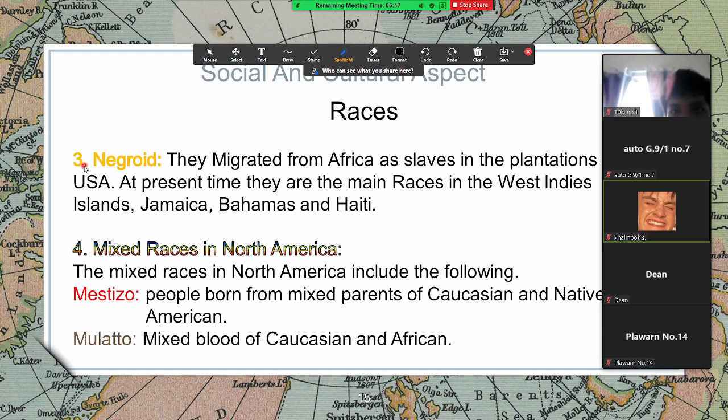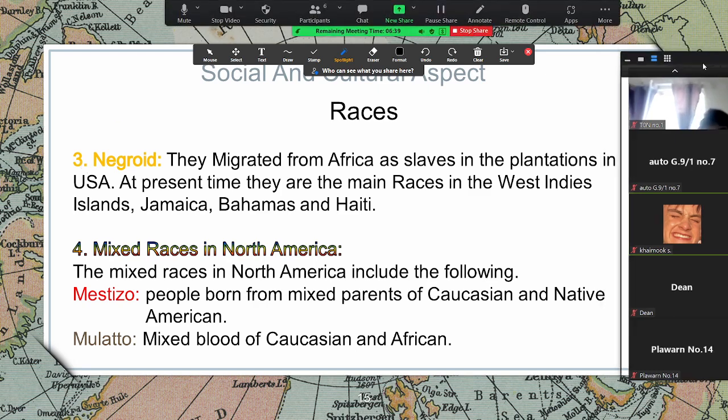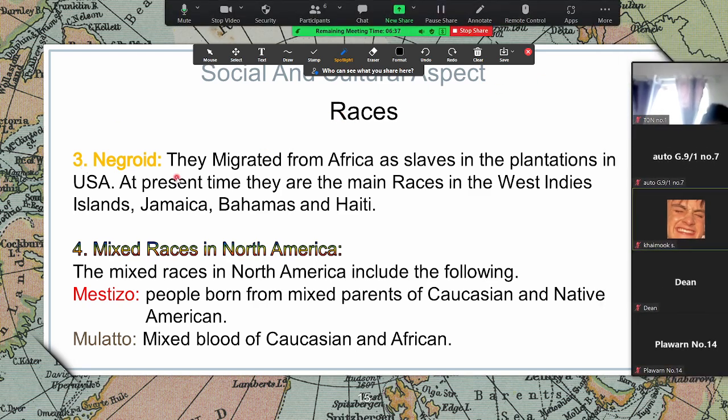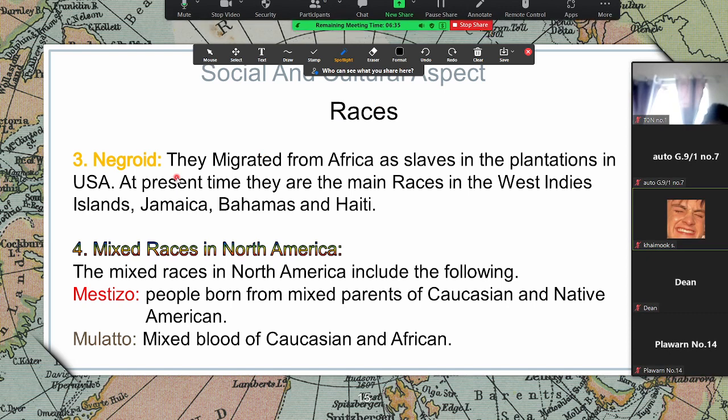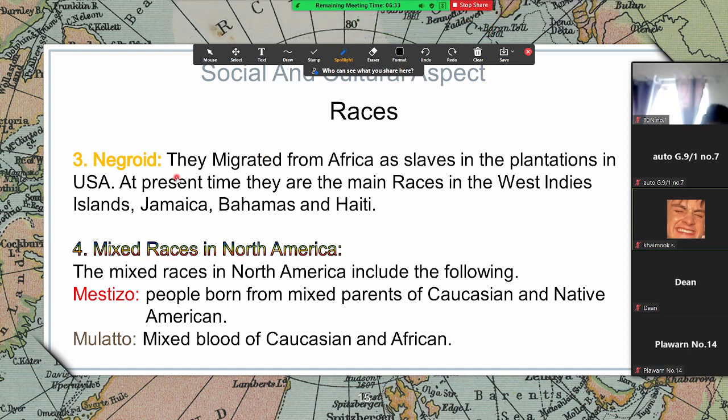The Africans migrated from Africa as slaves on the plantations in the USA. They were taken from Africa and brought to America as slaves, on plantations such as cotton plantations.